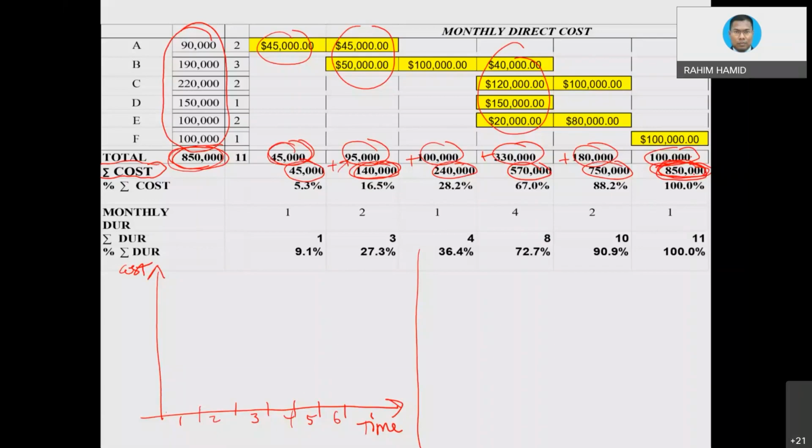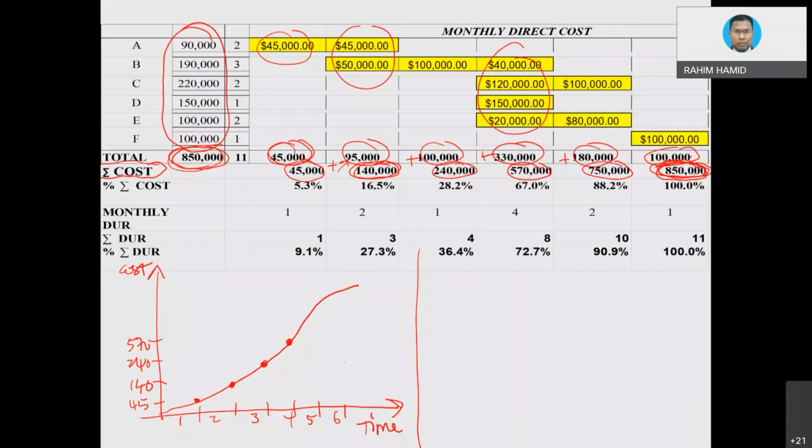Let's draw this graph, okay. Let's assume this is 45,000. Second month, this point is 140. This point, third month would be 240. And the fourth month would be 570.